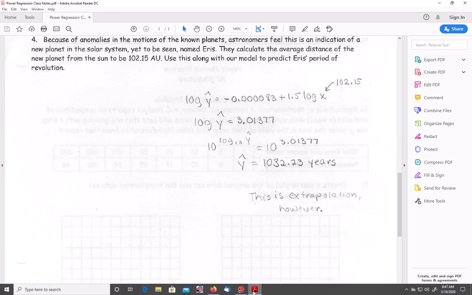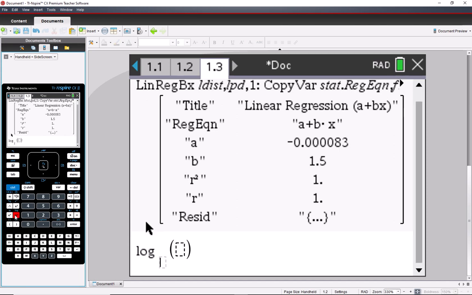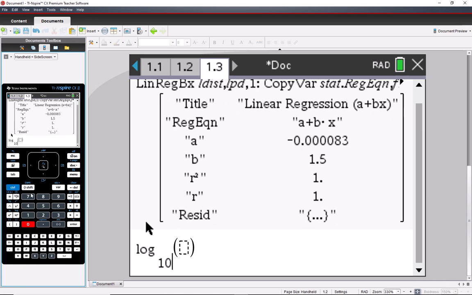All right, so in your calculator, we should be able to do that. Let's see, the log of that number. So let's just go ahead and do control log base 10, and it was 102.15, right?